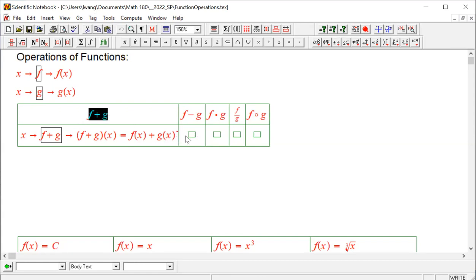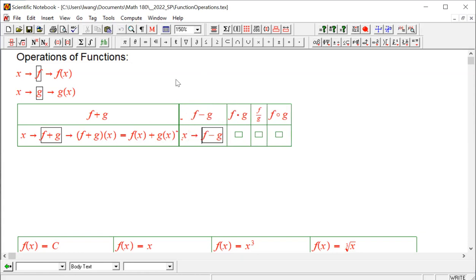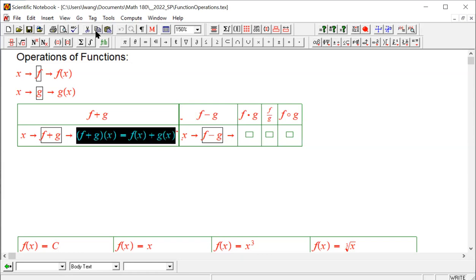And of course, we also can have subtraction of the functions. So if the rule becomes f minus g, there's an input, and it produces exactly 1 output. So that will be subtraction of 2 functions.